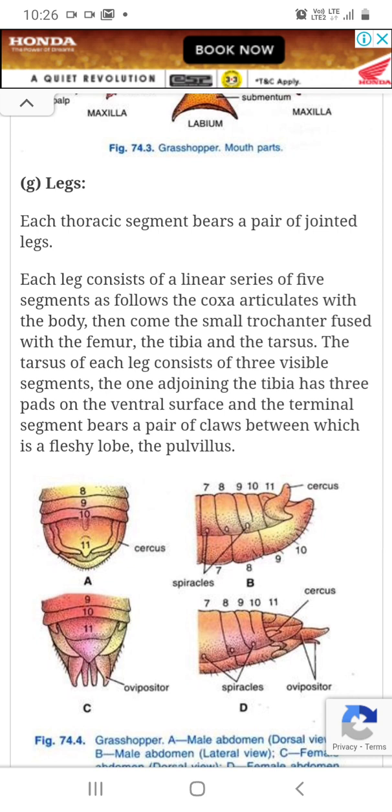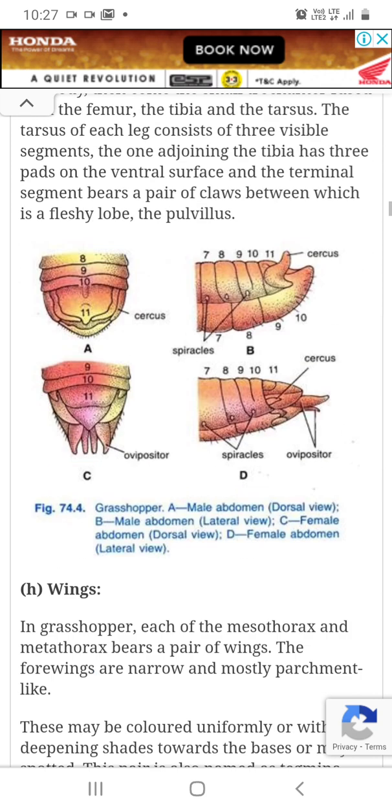Tarsus of each leg consists of three visible segments. The one adjoining the tibia has three pads on the ventral surface, and the terminal segment bears a pair of claws, between which is a fleshy lobe called pulvillus.